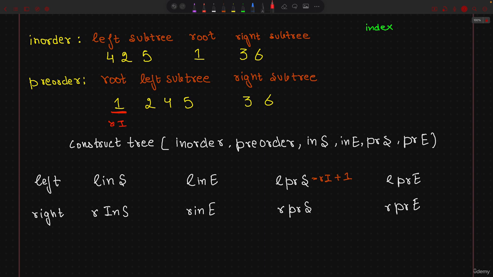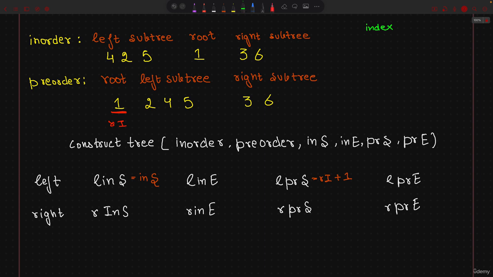The start of my left subtree in order is going to be in order start only. Because I'm starting from here, right? So again, this is going to be a little complex, so pay a lot of attention, everyone. What I'm saying effectively is that from where my in order starts, that is where my left subtree in order also starts, which we can see in front of us. Okay, great. Now let us move forward.